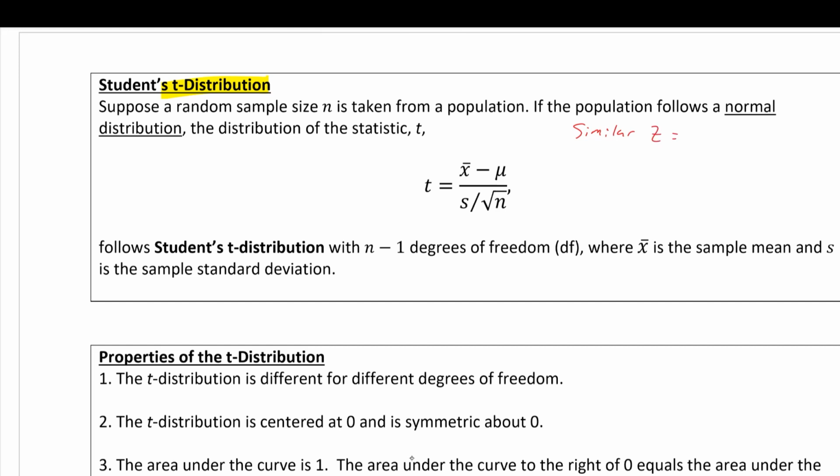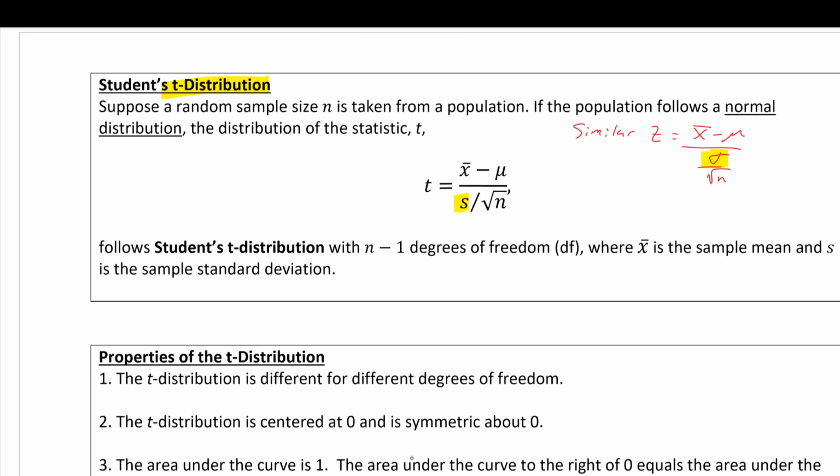If you recall, z is x bar minus mu over sigma over square root n. Now this is similar to that. Instead of sigma, we're going to be using the sample standard deviation, okay? Because that's what we have access to. We don't typically know what the population standard deviation is. But if we have sample data, we can calculate the sample standard deviation.